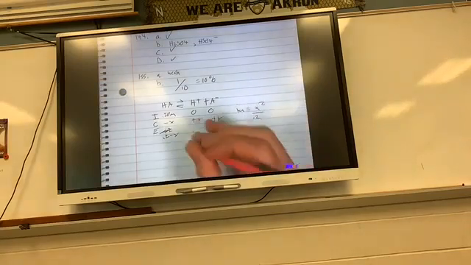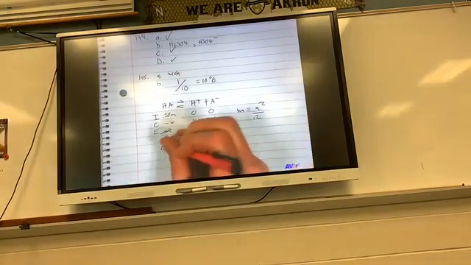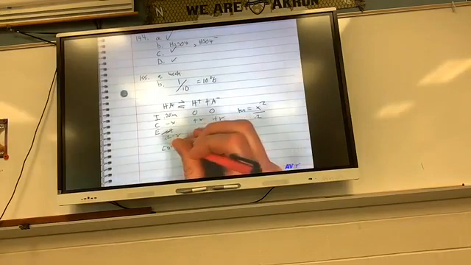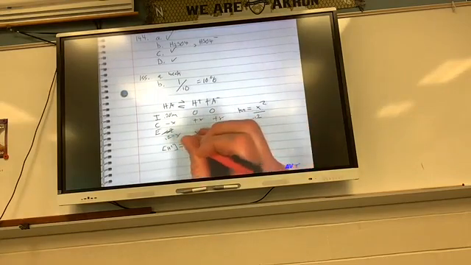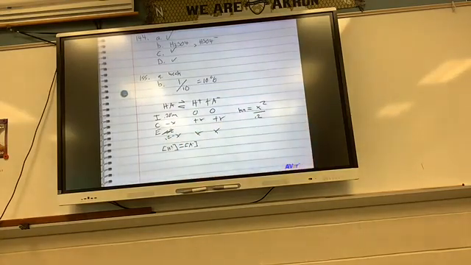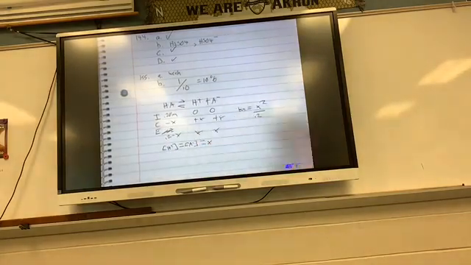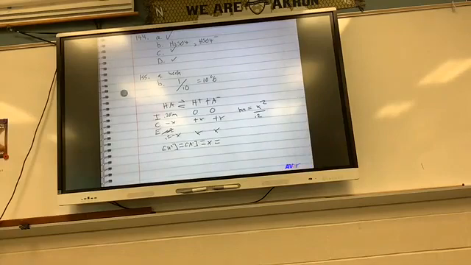We know that the concentration of H plus is going to equal the concentration of A minus, which is equal to X. You guys okay with that? Which is going to be equal to what?